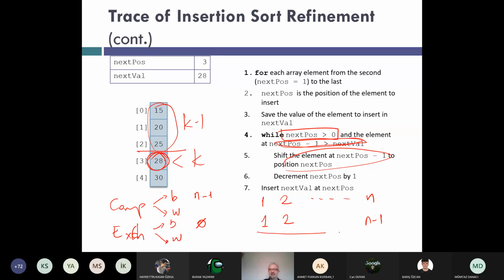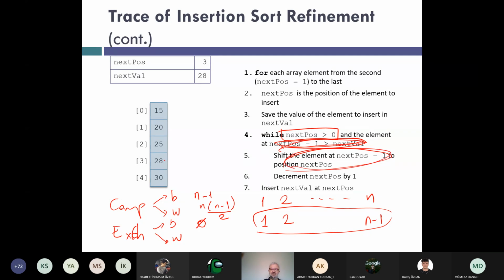So the number of comparisons is the addition of these numbers. So n times n minus 1 over 2 comparisons are performed. After each comparison, we have to perform a shift operation. So n times n minus 1 over 2 exchanges have to be performed as well.